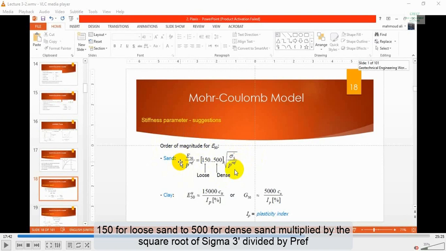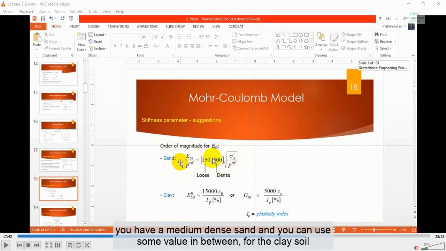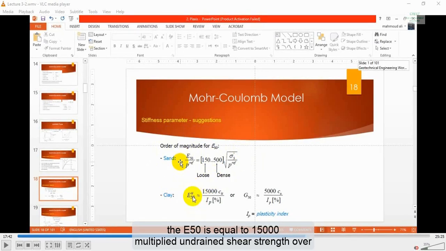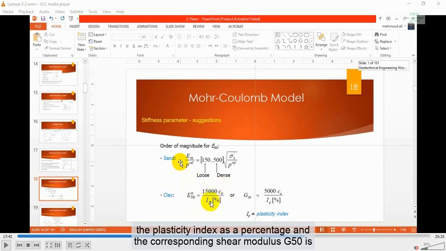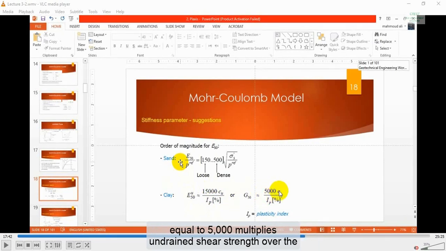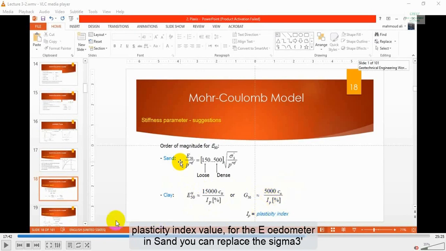If you have a medium dense sand, you can use some value in between. For clay soil, the E50 is equal to 15,000 multiplied by the undrained shear strength over the plasticity index as a percentage. And the corresponding shear modulus G50 is equal to 5,000 multiplied by the undrained shear strength over the plasticity index value.